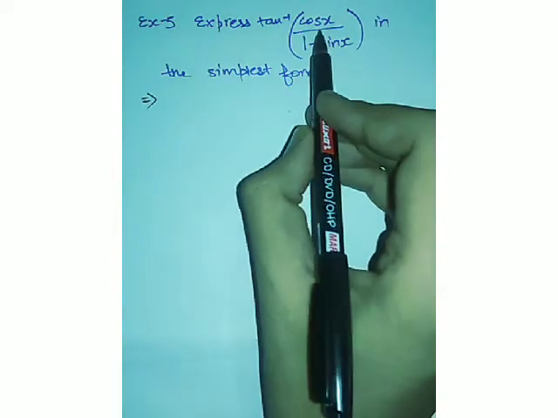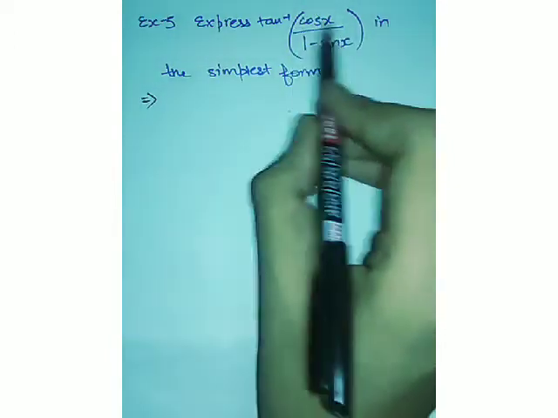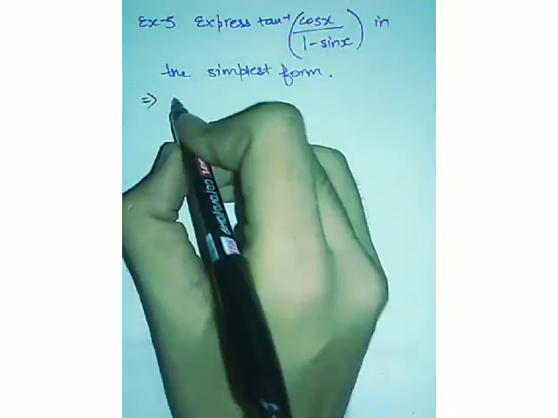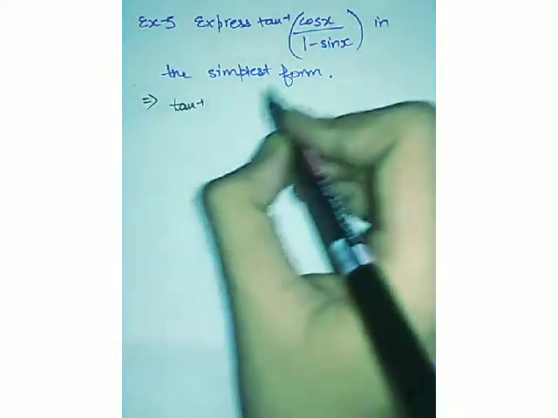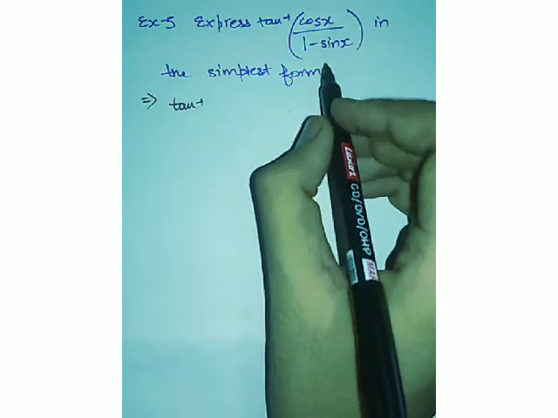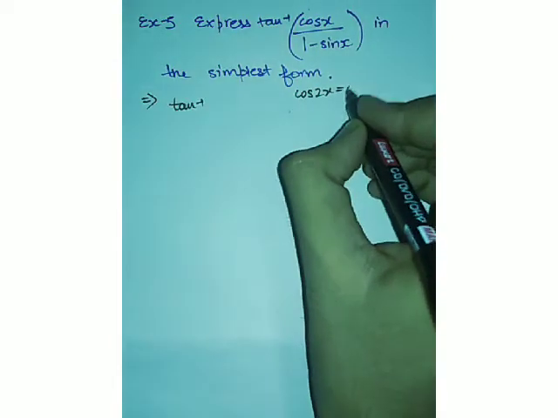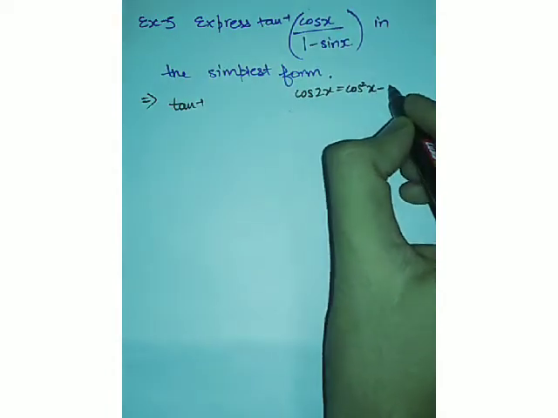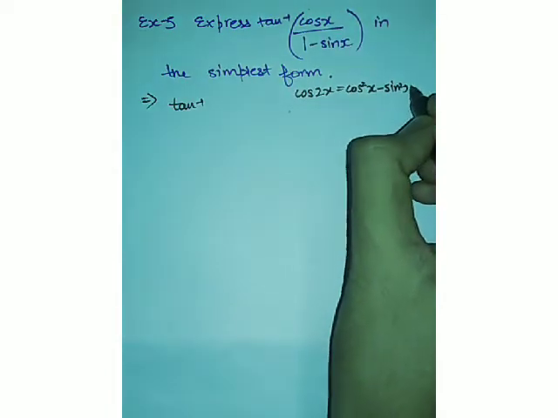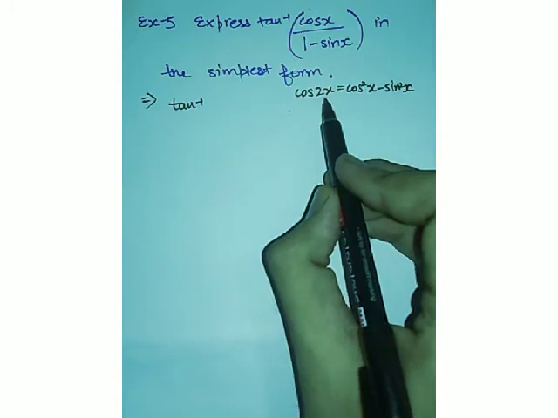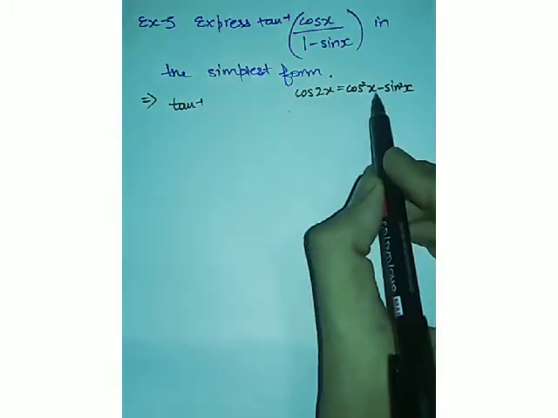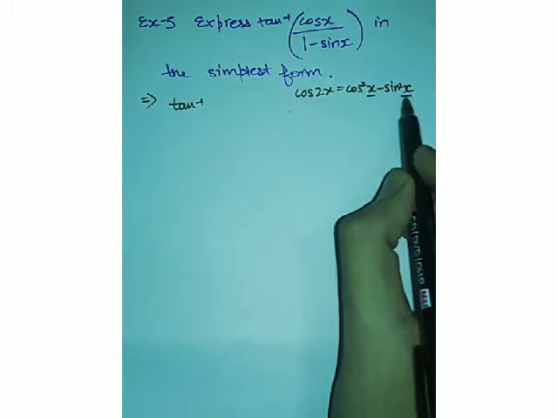Firstly, we'll change cos x and the whole fraction which is inside the angle. So tan inverse will be the same. Now you know the identity of cos 2x. Cos 2x is equal to cos square x minus sin square x. If here is angle 2x, then here the angle will be half.